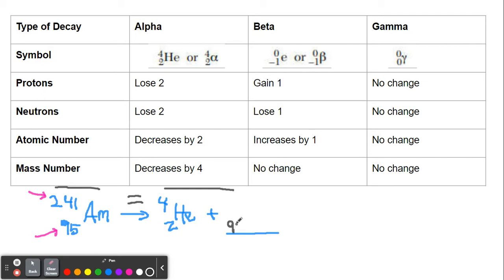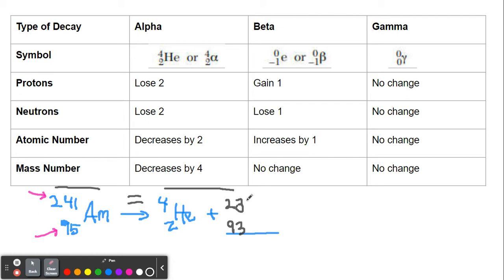Hopefully you're all able to say 93. Bless you, Danica. And then if we lose 4 in our mass number here, 241 minus 4, we should be able to say that leaves us with 237.